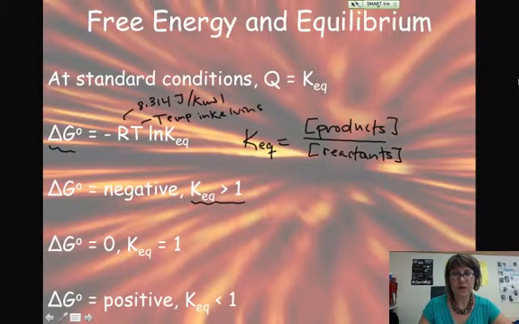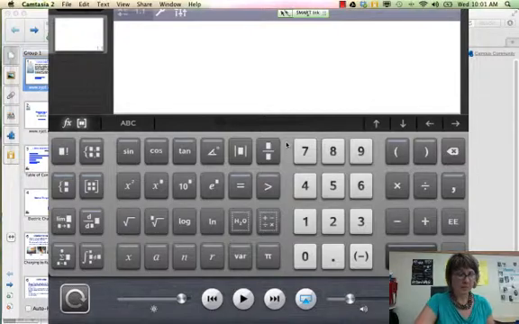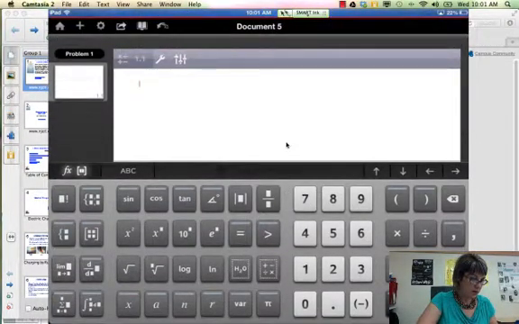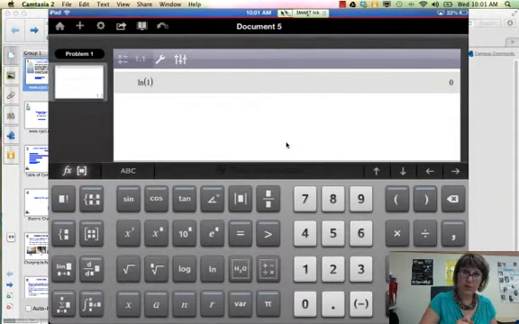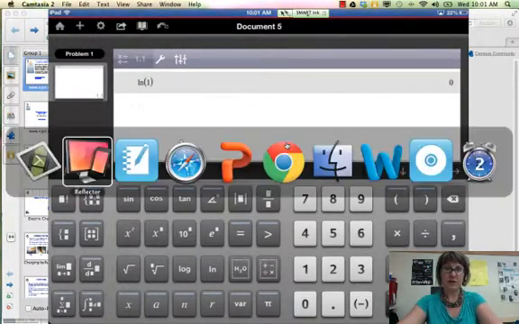Now let me show you this mathematically too. Okay, so we know that the natural log of 1 is equal to 0, right? So let's come back to our equation.